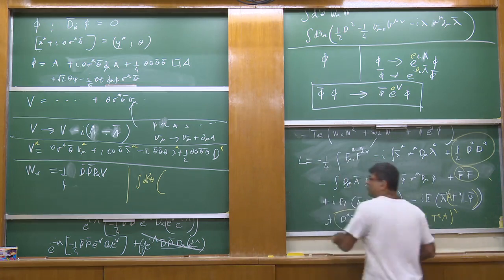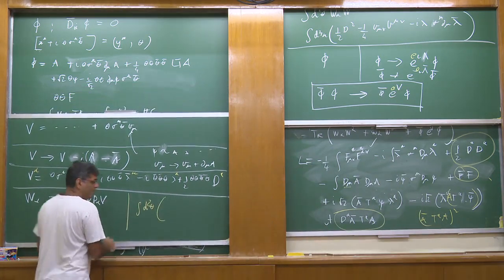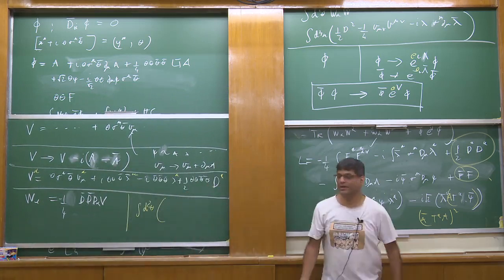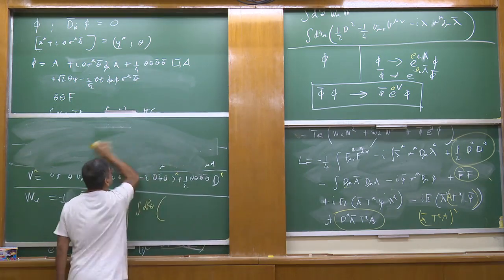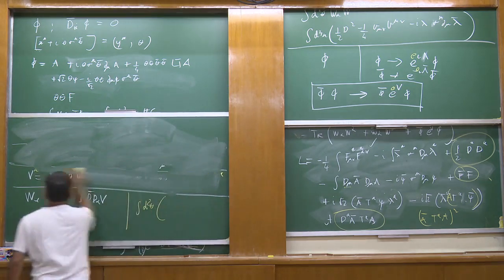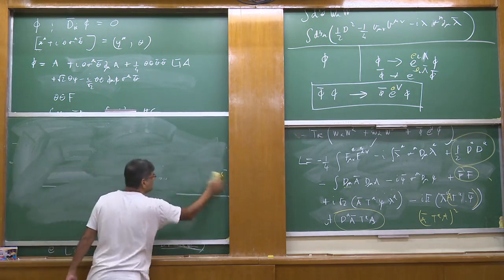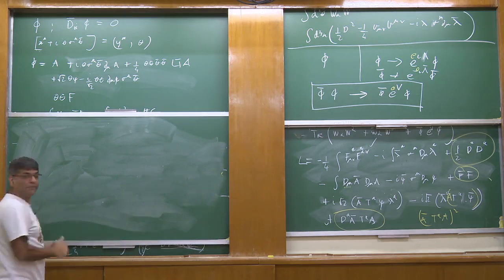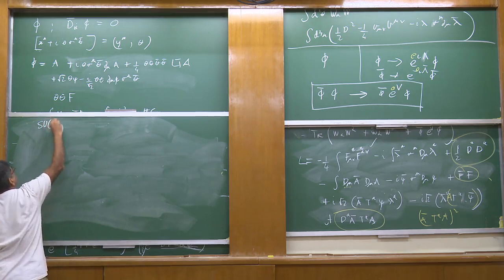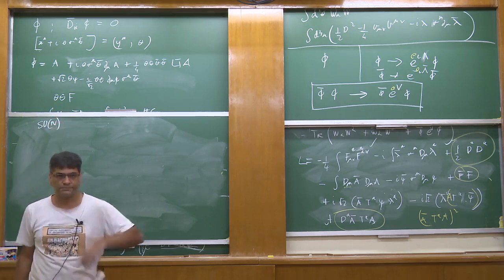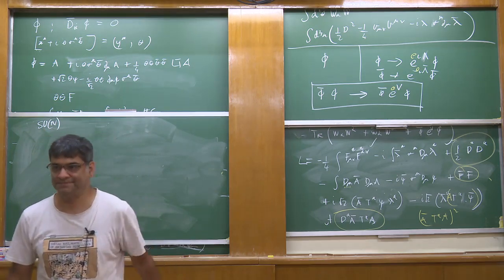So let me tell you what question we're going to address. In the next 3 or 4 lectures, we're going to address the following question. We're going to pick a particular gauge group. Our gauge group will be SU(N). Then we're going to pick particular matter content.